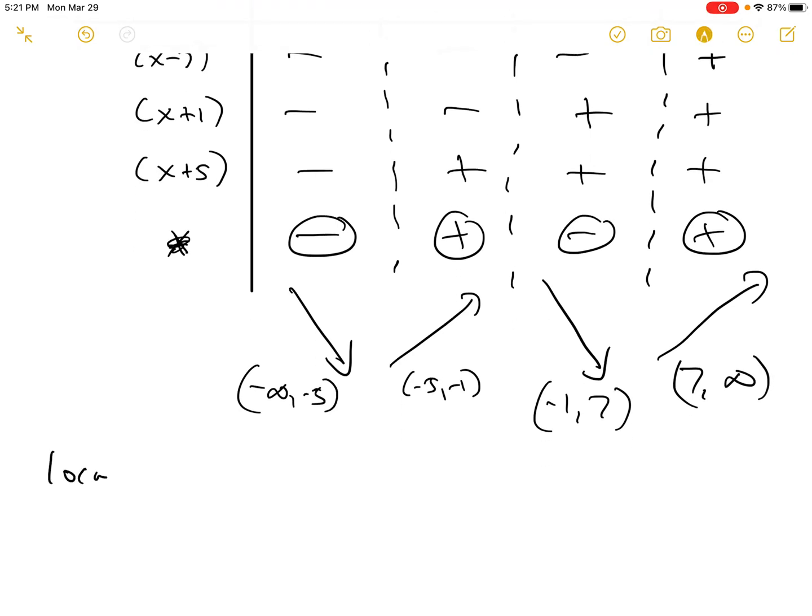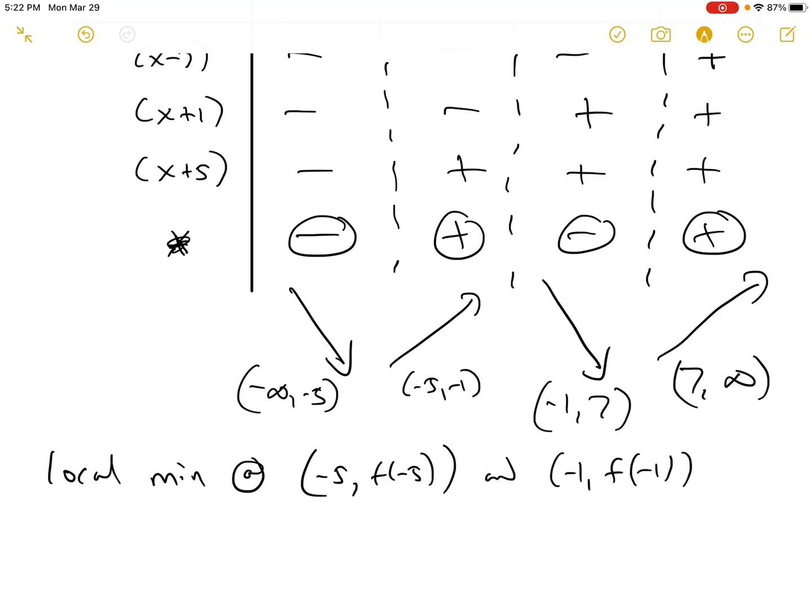So we have a local min at -5, f of -5, and -1, f of -1. And a local max at, hold on, that was wrong.